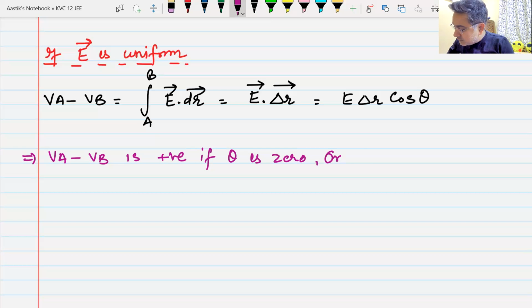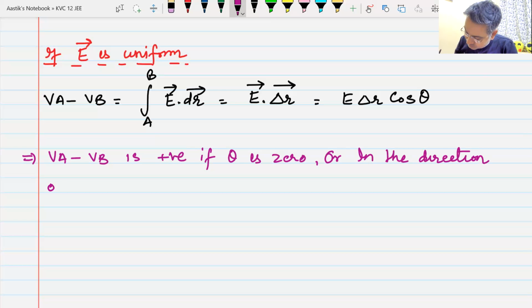Or I can say, in the direction of electric field, potential falls.